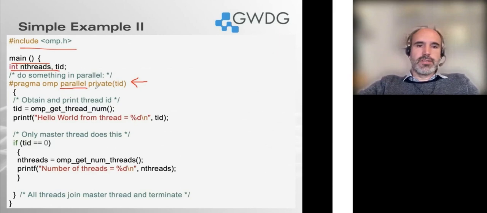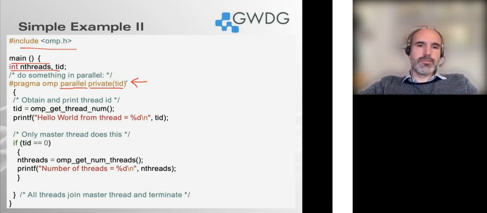And we tell the compiler that we have a variable TID, thread ID in principle, which is private. That means we have copies of thread ID in the memory. Again, based on this code, I don't know how many threads are actually available.